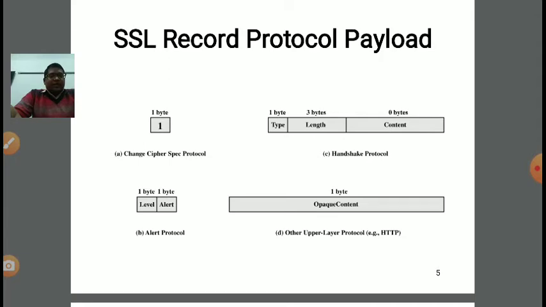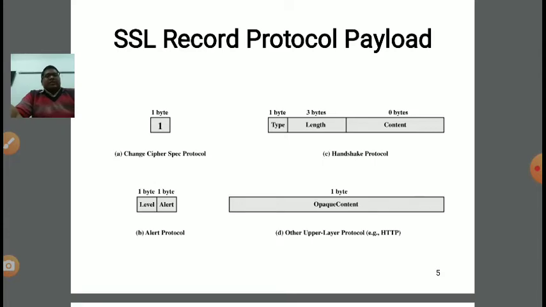Third is the handshake protocol. In the handshake protocol there are three fields: type, length, and content. Type is 1 byte, length is 3 bytes, and content is 0 bytes or more. Fourth is other upper layer protocols like HTTP, which contains opaque content of 1 byte.